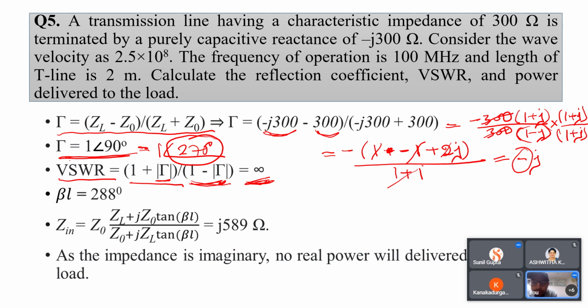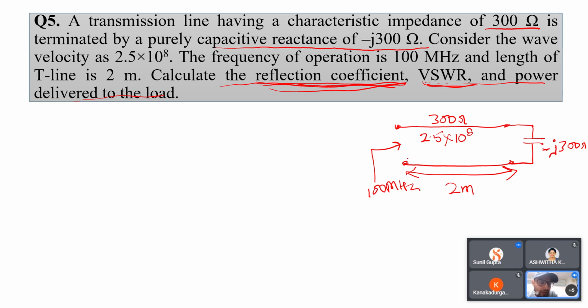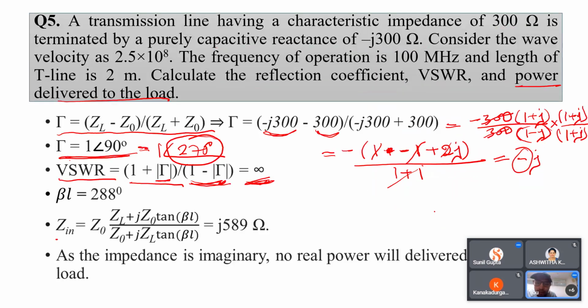Similarly, to calculate the value of load power, you first have to check what the input impedance will be at the input port. So here you can use the formula for calculating the input impedance, which we have already used in the previous class as well.